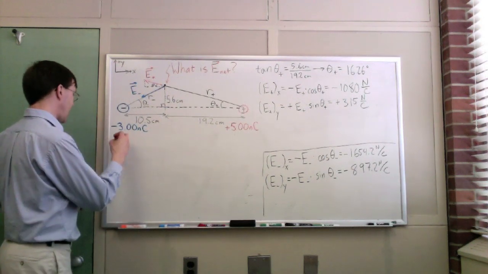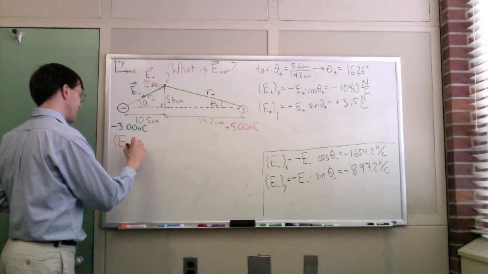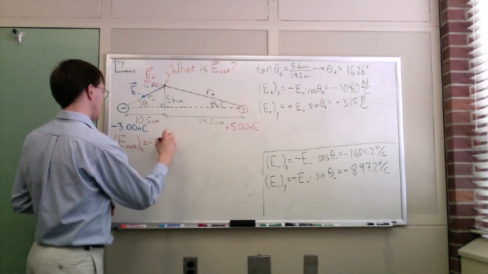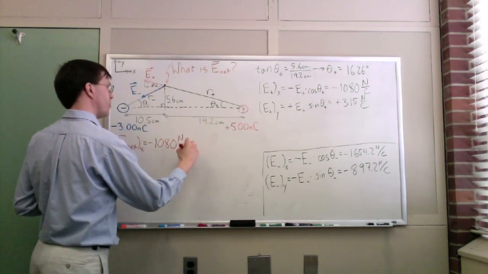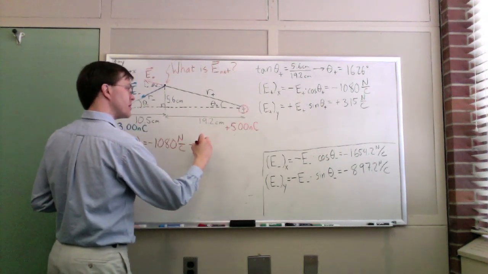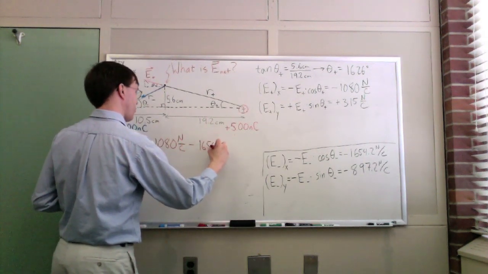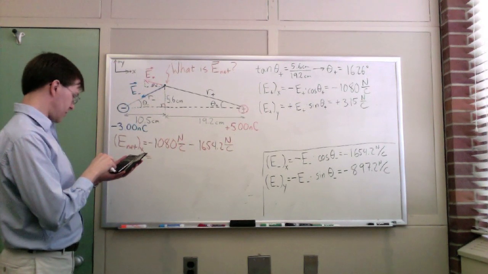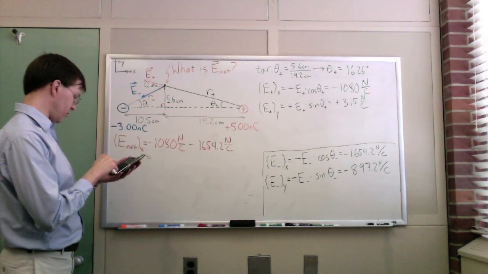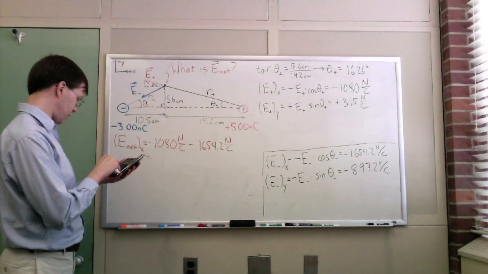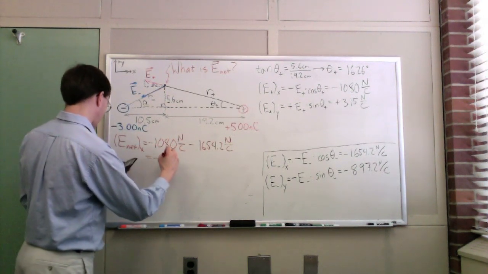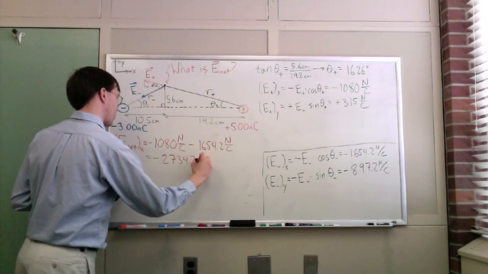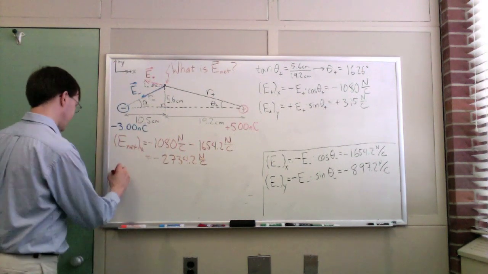I find that E net X is equal to, just add them up, negative 1080 newtons per coulomb minus 1654.2 newtons per coulomb, which gives minus 2734.2 newtons per coulomb. That's my net X field.